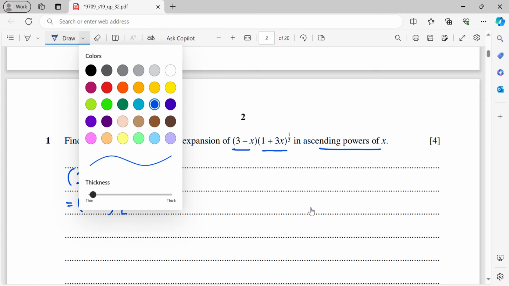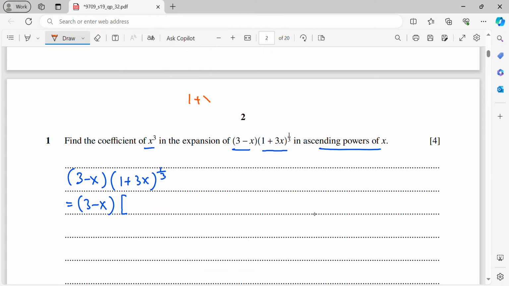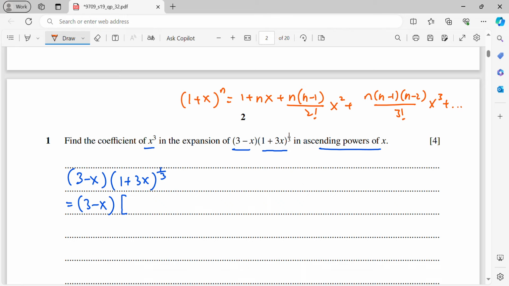Now for the expansion, please refer to the formula for (1 plus x) to the power of n. It will be 1 plus nx plus n times (n minus 1) over 2 factorial x squared plus n times (n minus 1) times (n minus 2) over 3 factorial x cubed, and then until infinity terms.